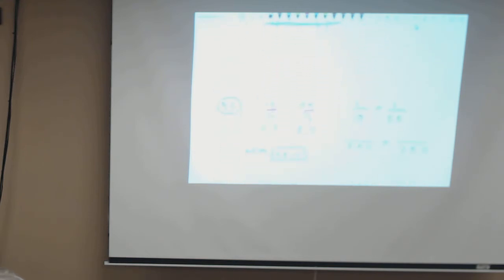What's number 53 tell us to do? Find the least common multiple and add the fractions. Well, 15 factors into 3 times 5, 55 is 5 times 11, so the least common multiple is going to be 3 times 5 times 11. So this fraction is going to become this fraction.